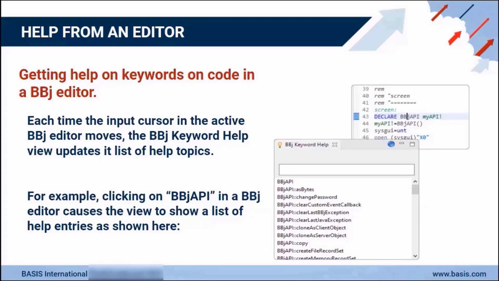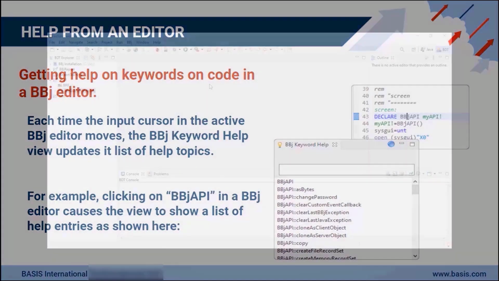The first one is the BBJ API class itself, and then below that you see the classes with various methods in case you wanted to jump to some more specific information. So all you have to do in the BBJ Keyword Help view is click on, say, the first entry in that list, BBJ API, and that will cause an action, and let's look at what actually happens.